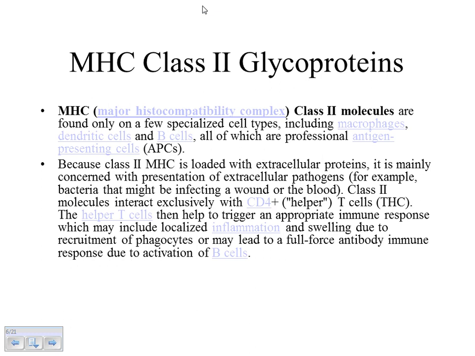That's your immune system, pretty much, once you get HIV. So you're not left with a whole lot. Make sure you know that MHC class IIs are glycoproteins found on phagocytes, and they're involved in what's called antigen presentation: taking a germ and displaying it on the surface of the cell.